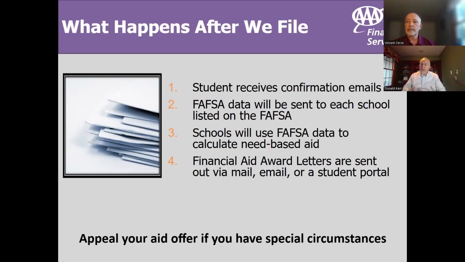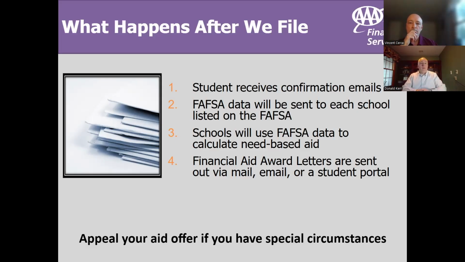So the student gets an email about the results of the FAFSA form. Data goes to all the different colleges you listed there, and they run it through those formulas to prepare these award letters, which come out in the spring. The very first place you're more than likely to see this financial aid offer is on the student's portal at that individual college.